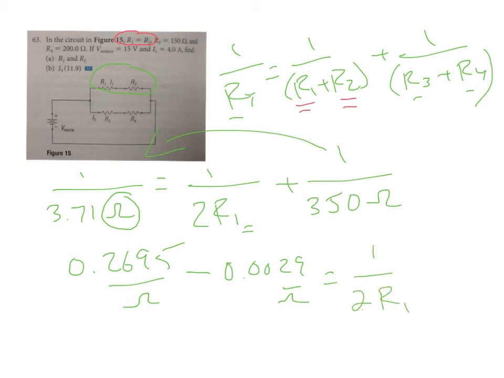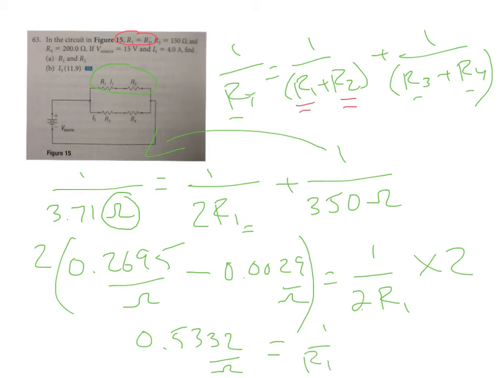To get rid of this 2, I need to multiply this side of the equal sign by 2, and I need to multiply this whole thing by 2 as well. That gives me 0.5332 per ohm equals 1 over R1. If I do a little cross multiplication, I realize that R1 equals 1.875 ohms. And because of the given in the question, R1 is equal to R2, so this is also the R2 value.